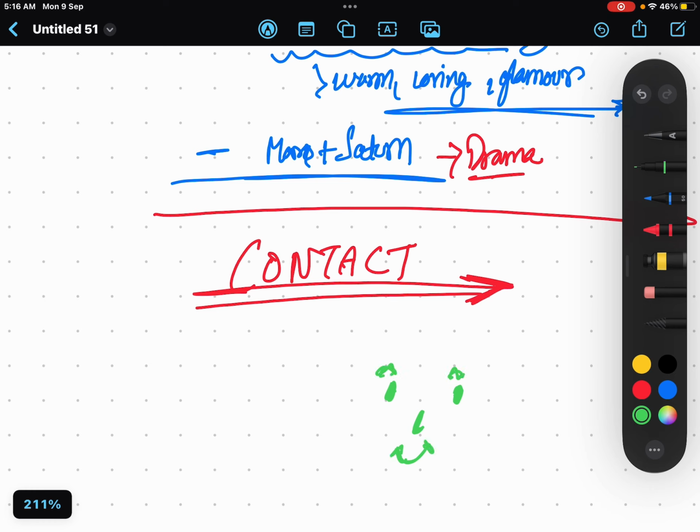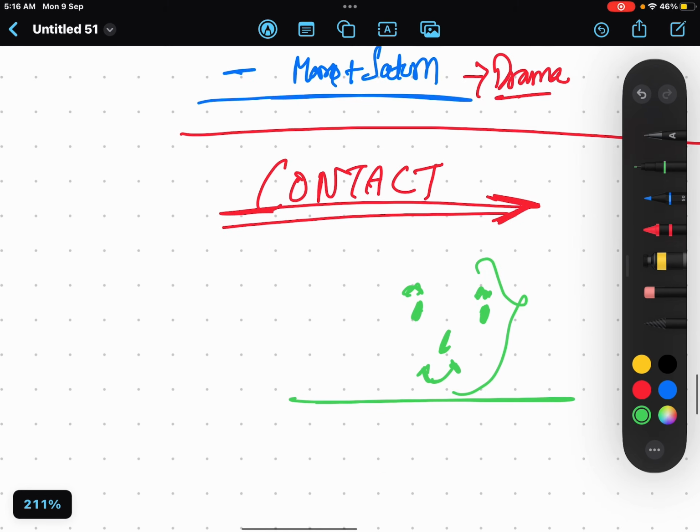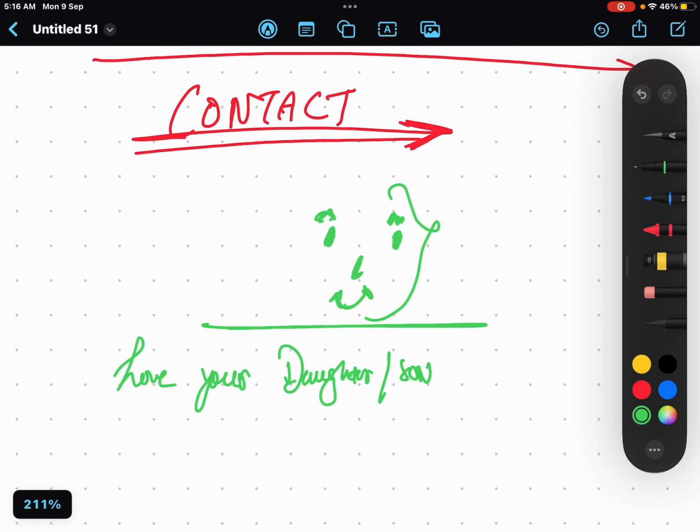One of the biggest remedies I want to tell: love your daughter or son as much as you want, but teach them that whenever they go to someone's house as a husband or wife, or become someone's son-in-law or daughter-in-law, they should treat and respect those people with the same love and care.